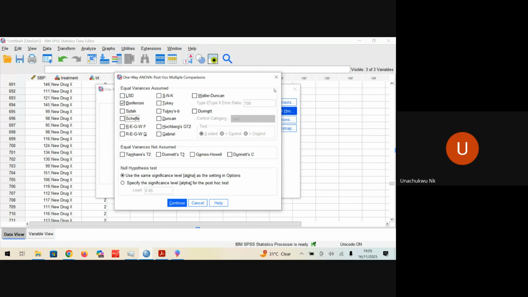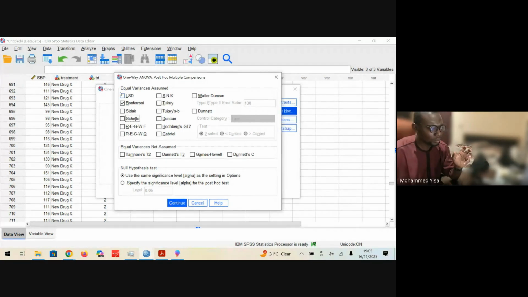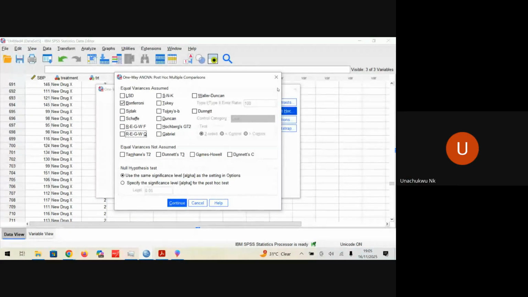And you can see inside this box is where all the post hoc tests that assume equal variances come into play. Question: This post hoc test, are we using it for the same data? Yes, for the same ANOVA, for BP trial.